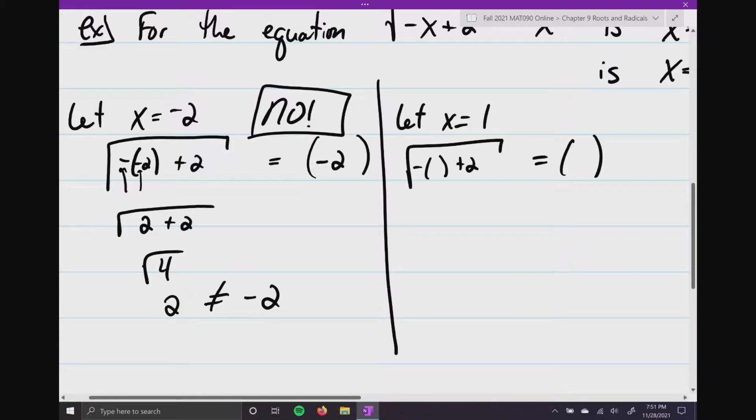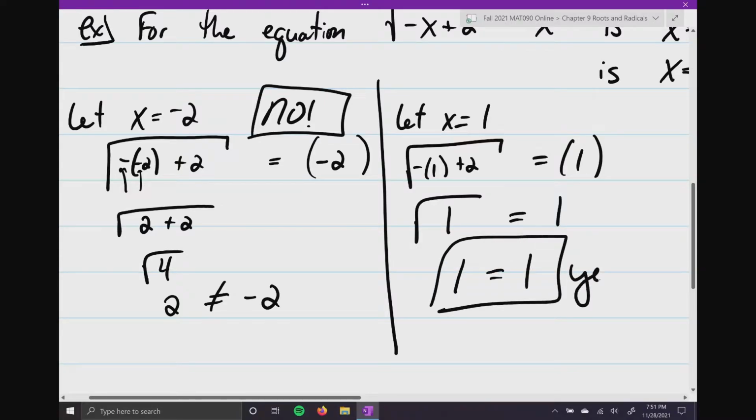Wherever we see the variable, put parentheses, then make your substitution. So if I do the work underneath the radical, -1 plus 2 is +1. And the square root of 1 is equal to 1. So we would say yes. x equals 1 is a solution.